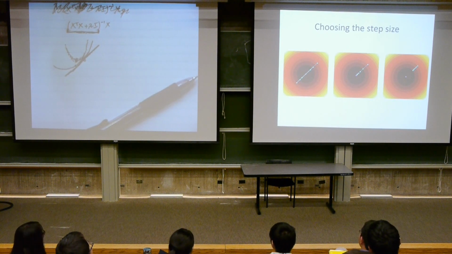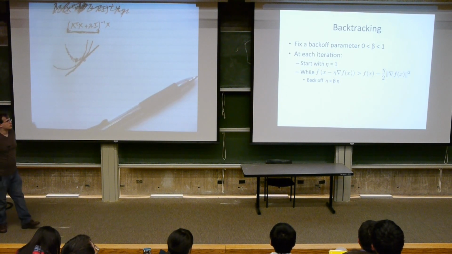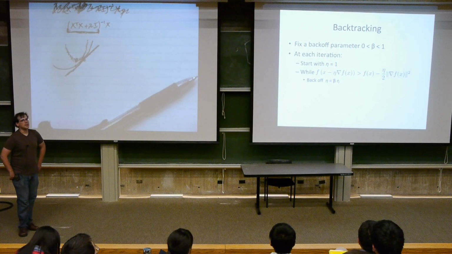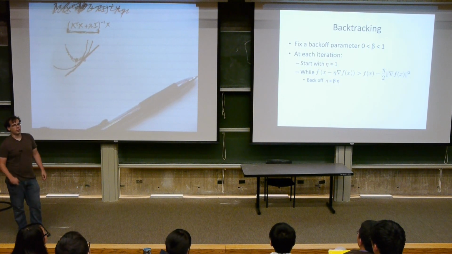One thing we can do that's pretty simple and works well in practice is called backtracking. Basically, we start with a step size of 1 at each iteration, so we move a full step along the gradient.